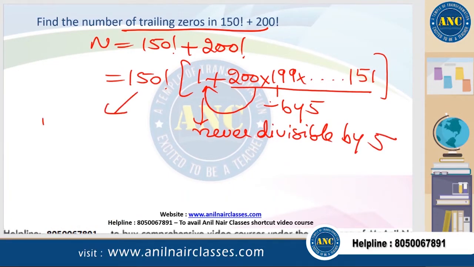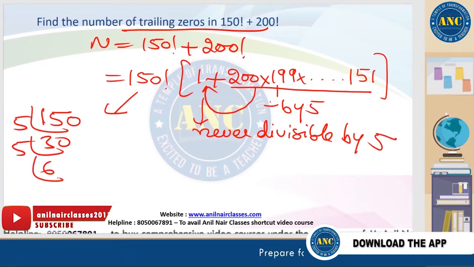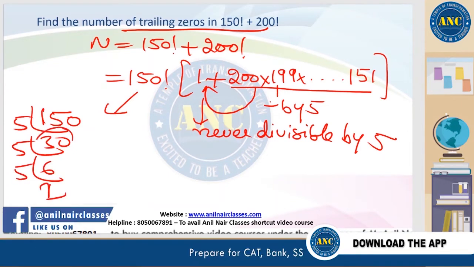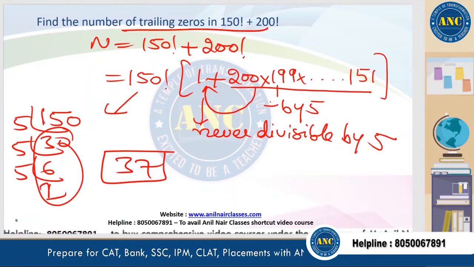150 factorial. How many zeros are there at the end? 5 30s are, 5 6s are, 5 1s are. Answer is nothing but 37. Idea clear, right?